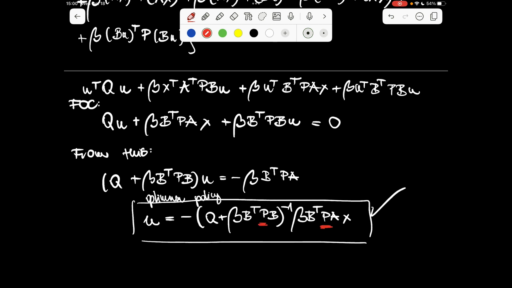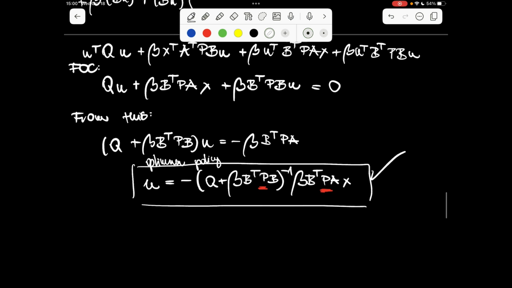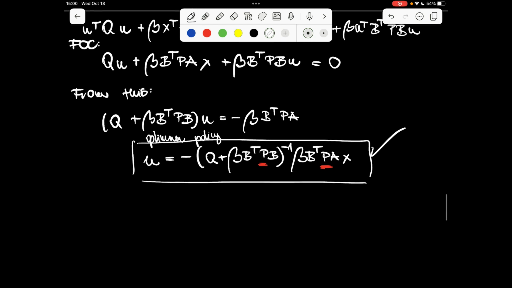We don't know anything about P, the matrix of the value function. So this is an equivalent policy function which gives the optimum of the Bellman equation.